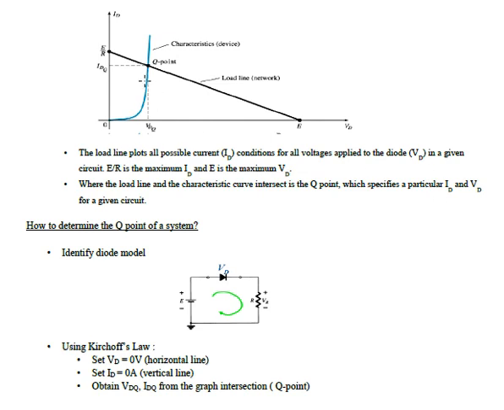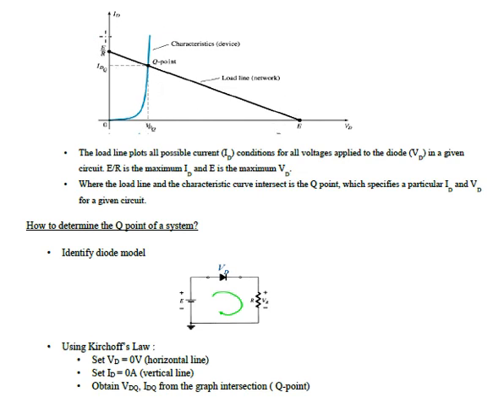So this load line intersects with the characteristic graph of a certain diode. The point that intersects them is what we call the Q point, where we get the certain current and voltage that the diode operates with.